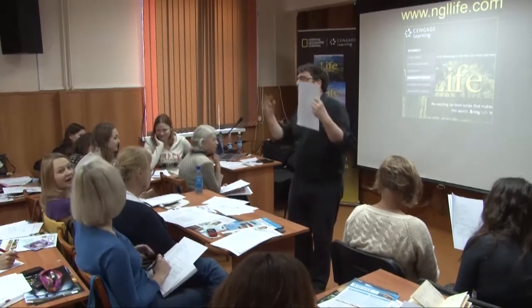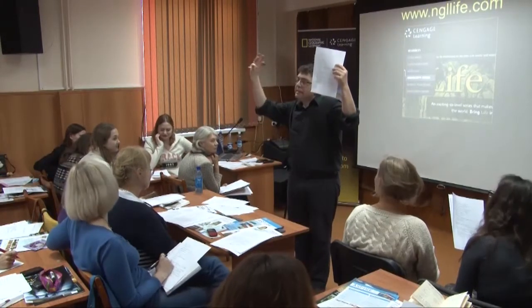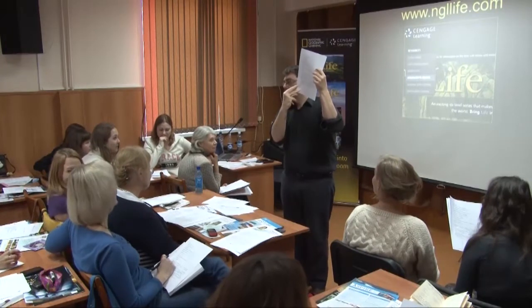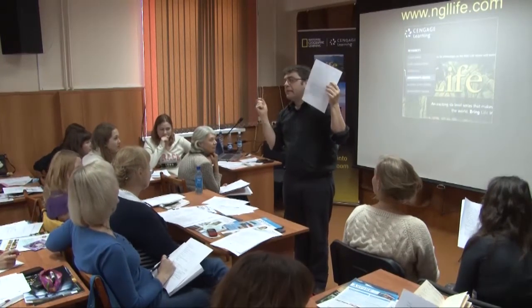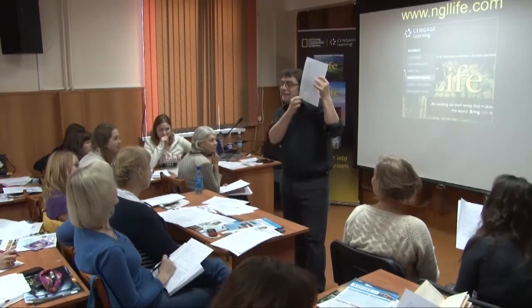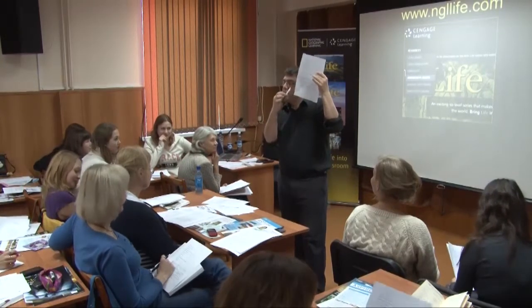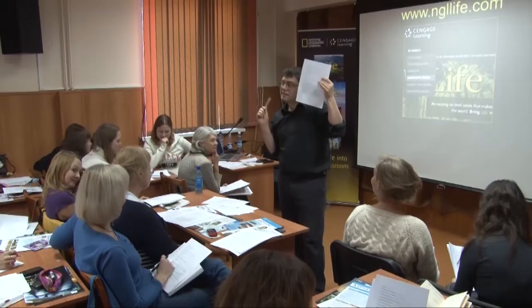What the students do now is take their words and put them into the film review text. What they get is a text which is confusing and sometimes funny, but it doesn't make total sense.